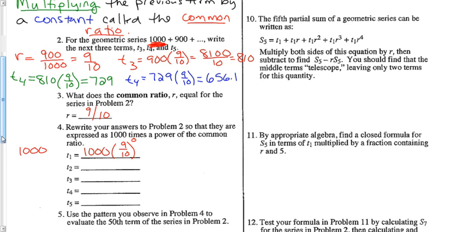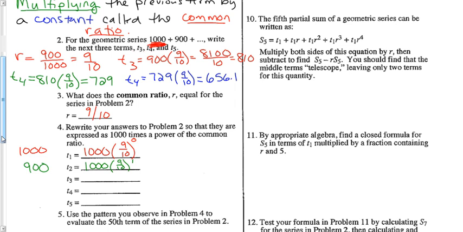Now for term 2, we know that that was 900. So that's going to be 1,000 times 9 over 10, and that's going to be raised to the first. So if I take 1,000, multiply it by my common ratio, I'm going to get 900.